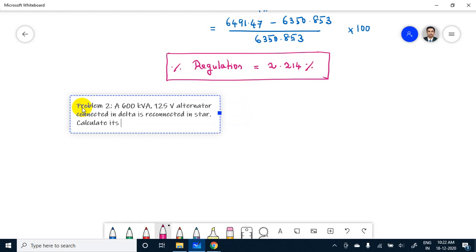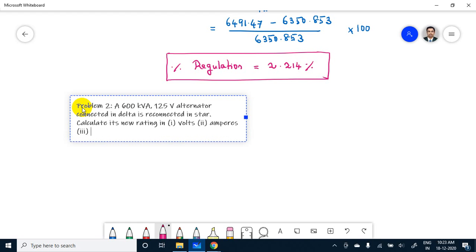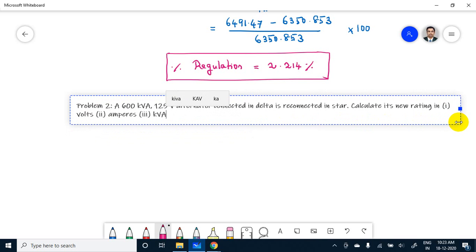Calculate its new rating: first subdivision volts, second subdivision amperes, third subdivision kilovolt ampere.